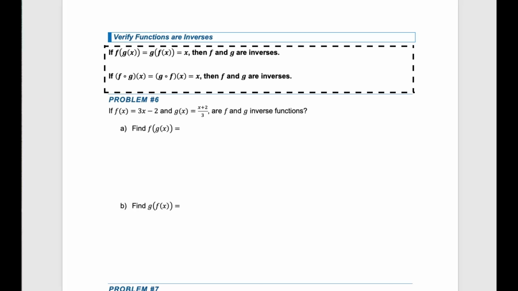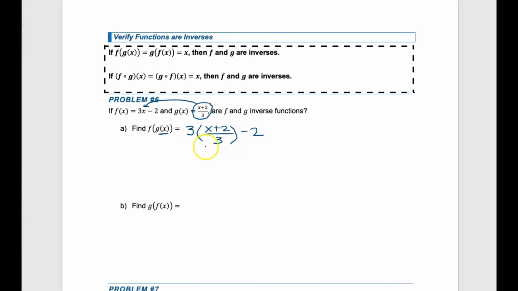To do that, we are looking here and it tells us that we need to put our g of x into our f function. So we're going to take this x plus 2 all divided by 3, and put it in place of x here. So I have 3 times x plus 2 divided by 3, and then I'll subtract off 2.